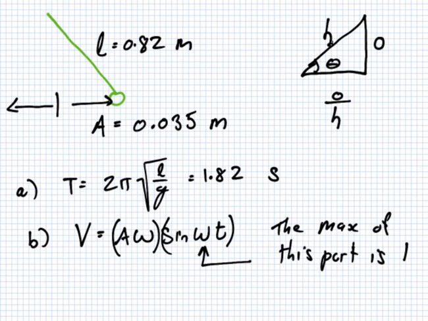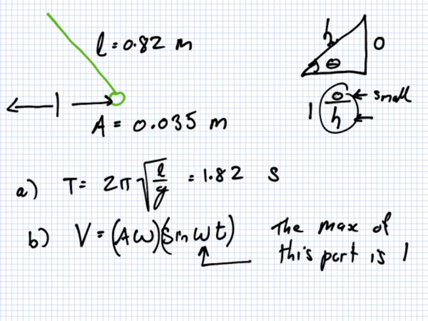The hypotenuse is always the biggest side, which means the opposite is always smaller than the hypotenuse. So the most this could be is 1, which is when they're actually equal.